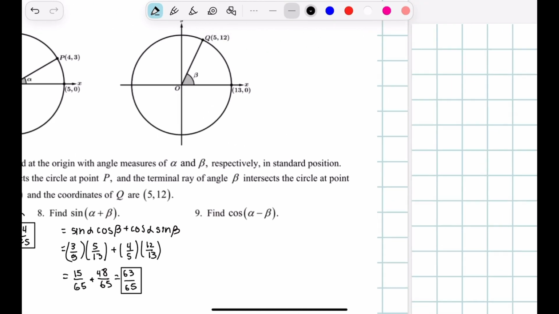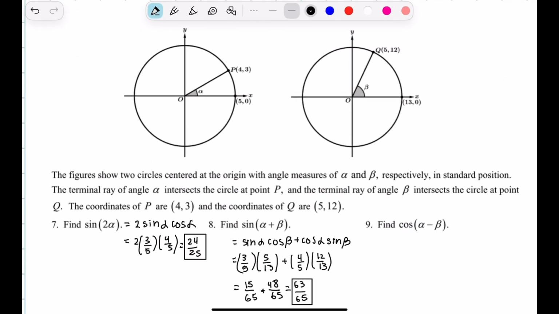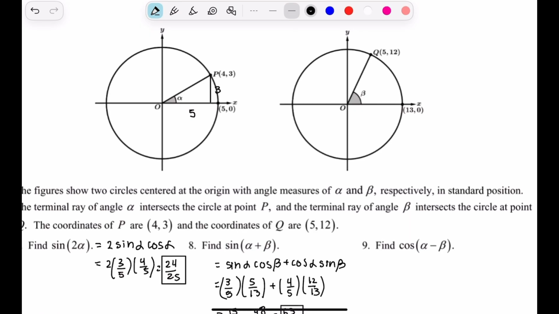Okay, now let's find cosine. You're supposed to be looking at these, by the way, to figure out the ratio. So you can figure out this is 5. You figure this out from the fact that that's 5. This is 3. Here for beta, okay, wait, that's not exactly 5, but you can drop the altitude down and you just see that.